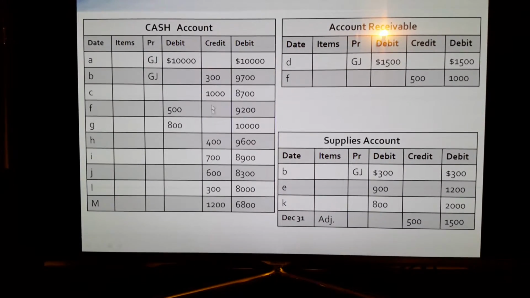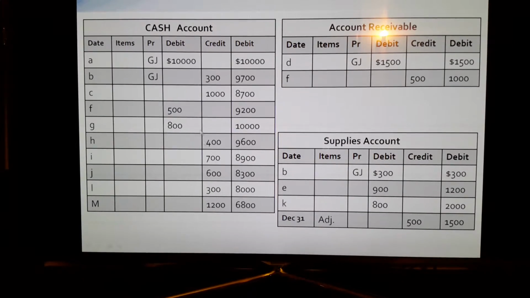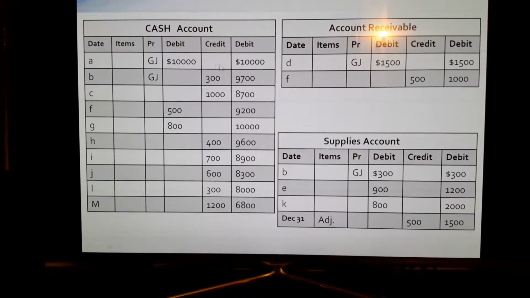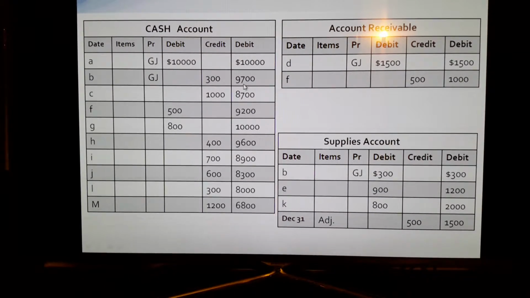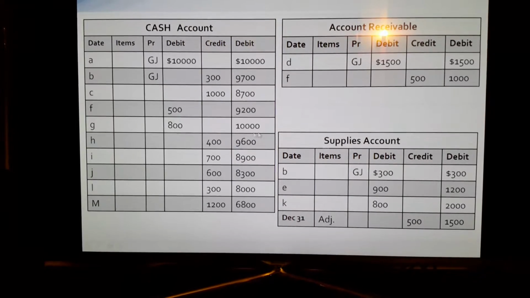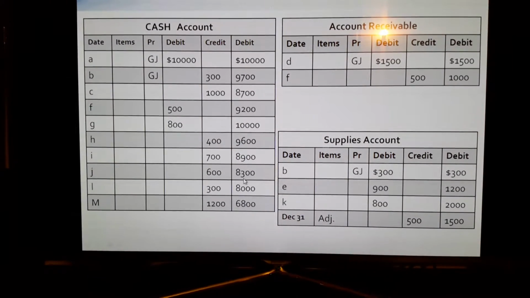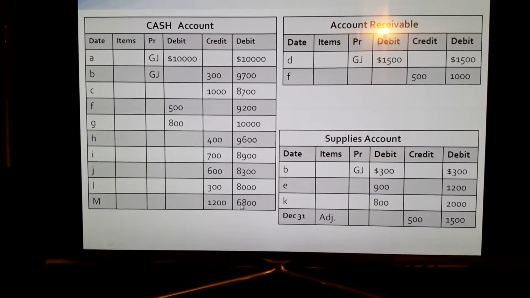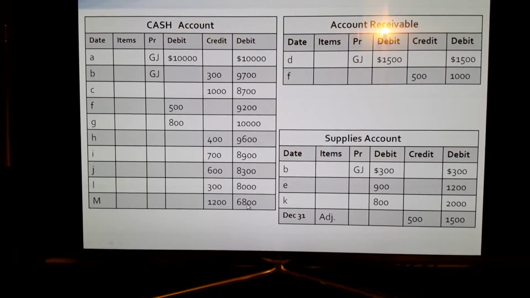Anything that appears here is a deduction. Anything that appears here is an addition. So this equals to this, minus this is equals to this, plus this is this, minus this is this. So at the end of the month, or at the end of the year, we have a cash total of 6,800.